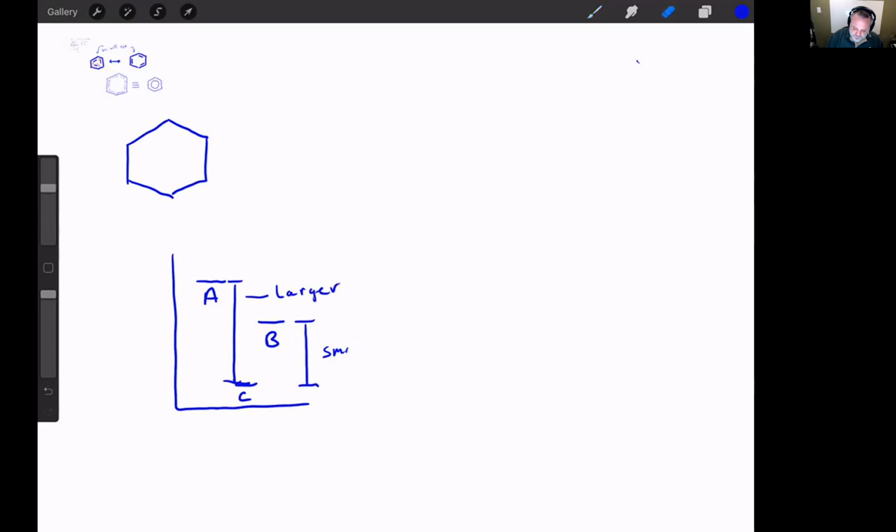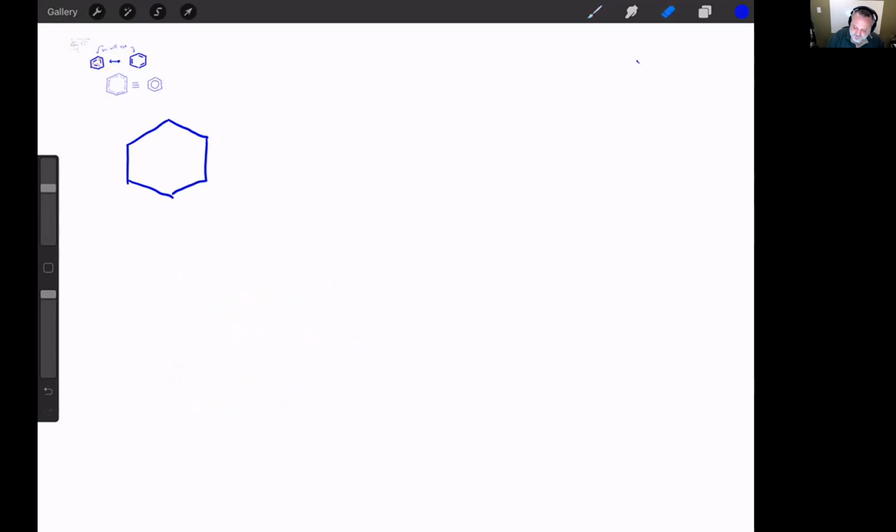And so one of the things that we use to talk about how we know that benzene is particularly stable is we use this hydrogenation reaction. If I take H2 and platinum with cyclohexene and turn it into cyclohexane, the energy of that reaction is on the order of 120 kilojoules exothermic.